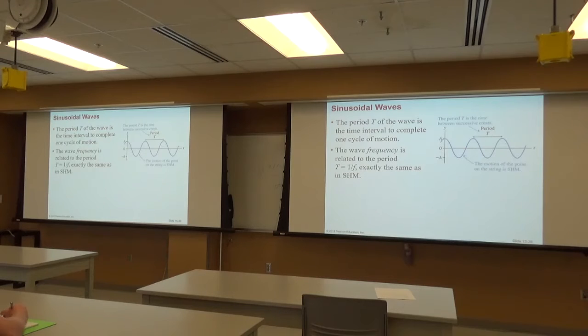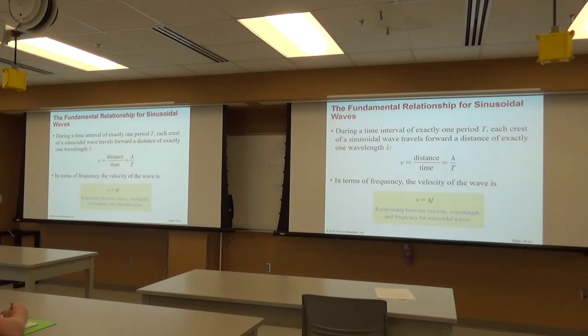So the velocity, or the speed of the wave, is lambda times f. Speed of any wave is given by wavelength times frequency. This is a very important relationship that gives you how fast a wave is moving. If you know the frequency and the wavelength, you multiply the two quantities and you get the speed of the wave.